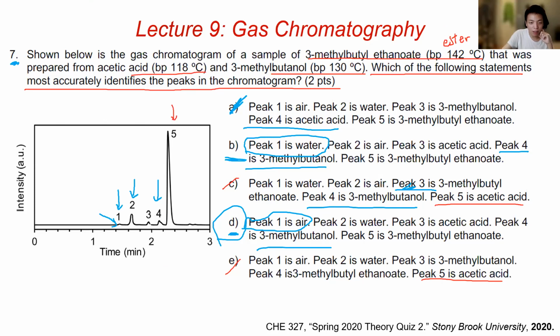Like the question didn't state it, and we don't have this peak, then yeah, the second longest time would be the acid. So it all relates to their boiling points. And we know that peak 2 or 1 is water because they are lower than 3. The boiling point is 100.